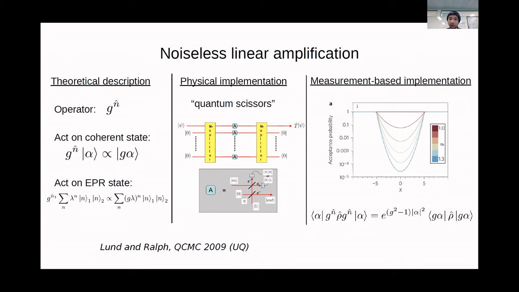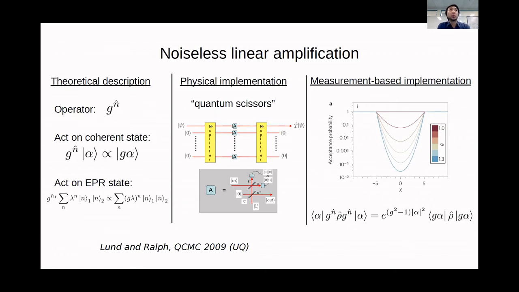What I mean by this is if you have a state rho, you act noiseless linear amplification on it, followed by measurement, that is equivalent to post-selecting on the measurement outcomes of that state without the NLA. So with this device, it is possible to perform several operations that you'd be able to do with a noiseless linear amplifier without actually having the physical implementation of the noiseless linear amplifier.